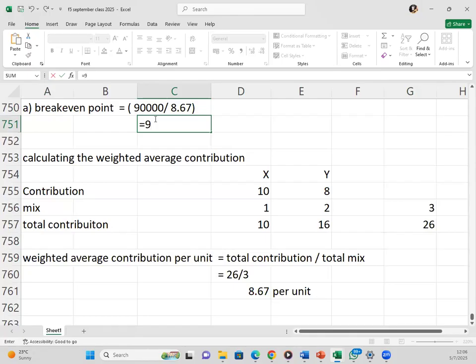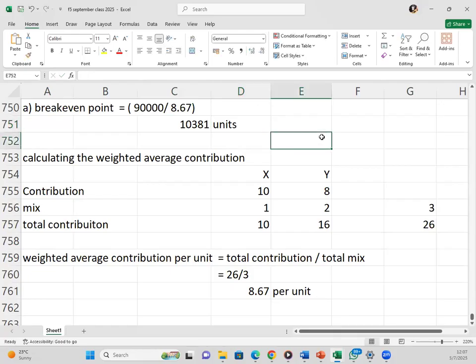Our break-even point then becomes 90,000 over 8.67. So for our break-even point, we have to produce and sell 10,381 units. So in order to break even, we have to sell 10,381 units.